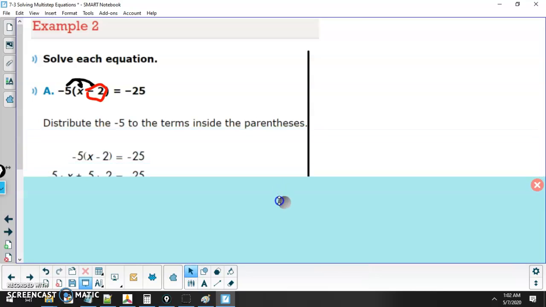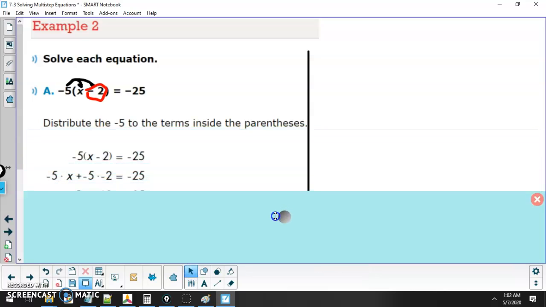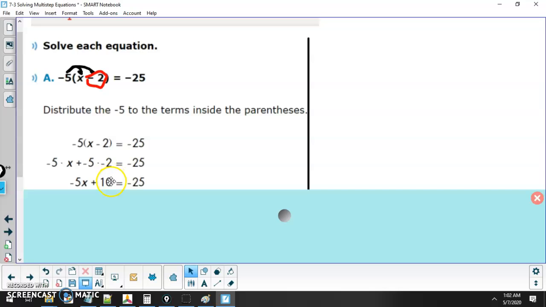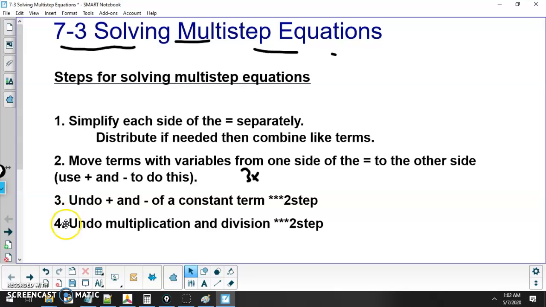So let me show you what the book did here. That's basically what I just said. When you multiply by the -2, you'll get +10. Negative times a negative is a +10. And then you just made it into a two-step. If you look at the steps I have listed here, in step 1 we distributed and simplified the one side.